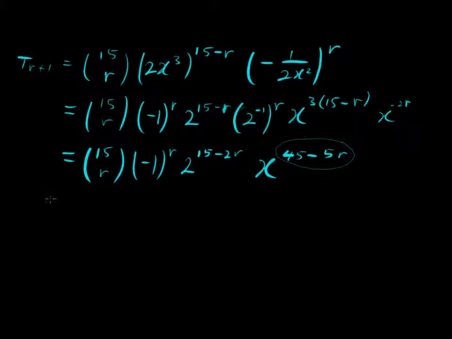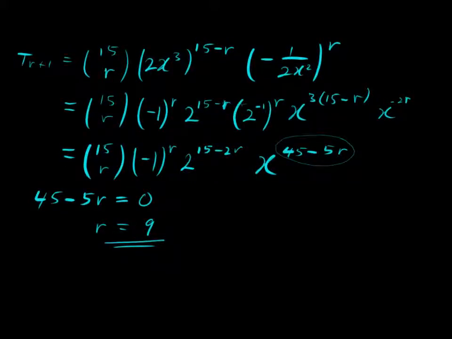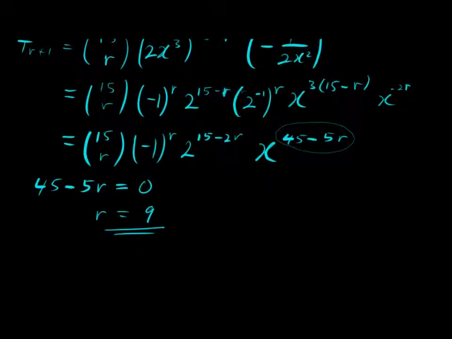So we have the equation 45 − 5r = 0. By rearranging the equation, we get r equals 9. So this is the term which is independent of x.